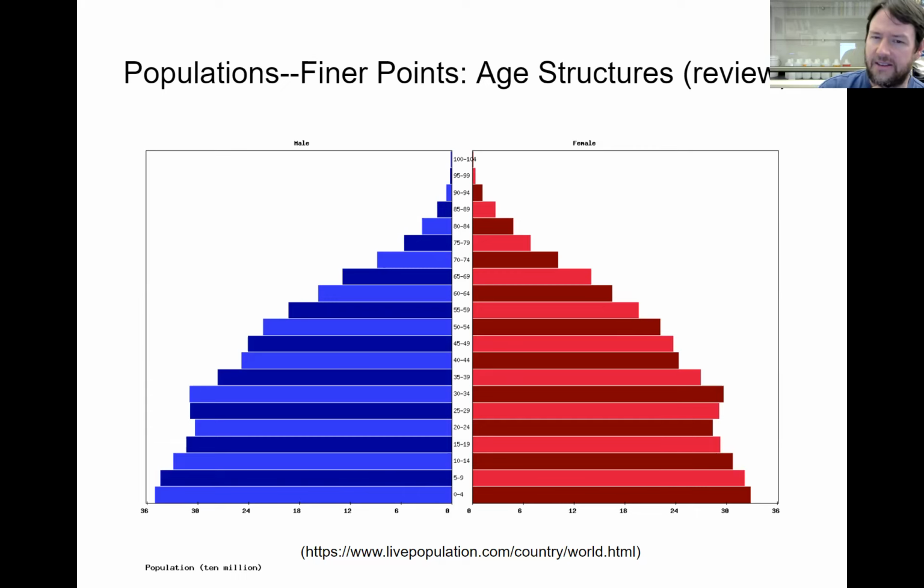But the big picture is we do need to think about our population size as humans, because we rely on living systems to sustain us. And if our population gets too big, if we exceed our carrying capacity, that's going to be bad news, not only for the ecosystems, but also for us, because we're part of those ecosystems.